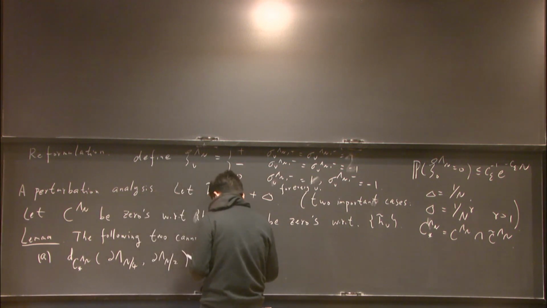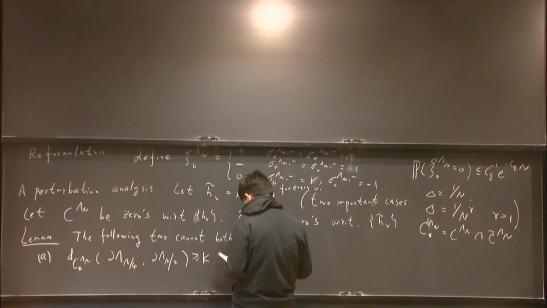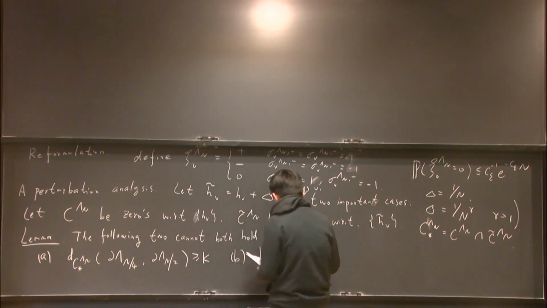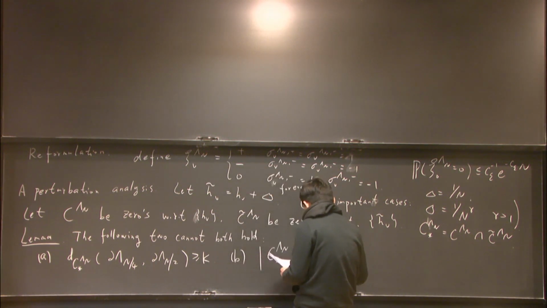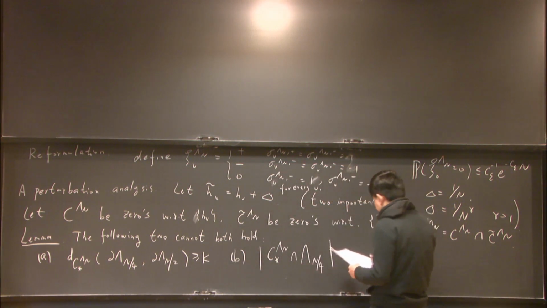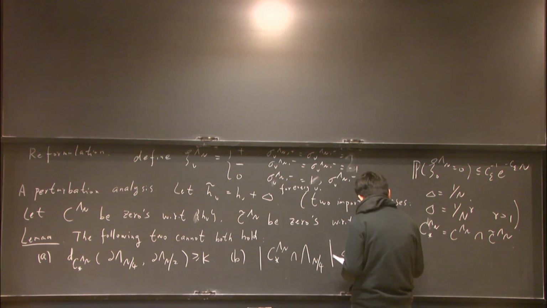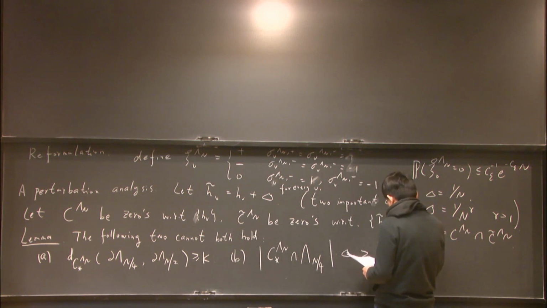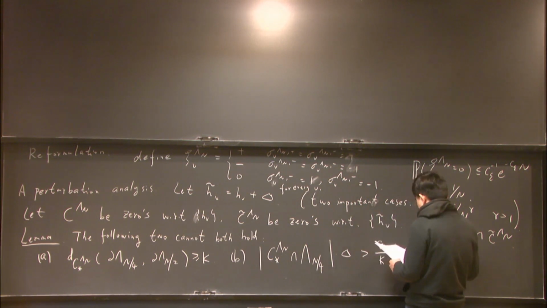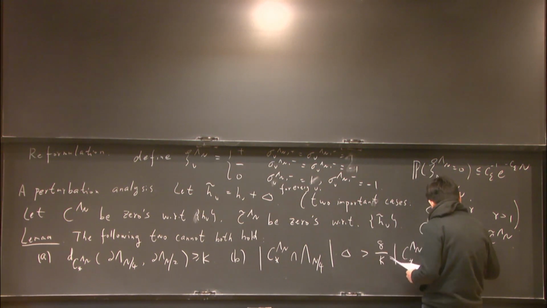And B is that the volume of the C star in the smaller box, inside box, times delta, is larger than 8 over k times the volume of C star in the annulus outside.